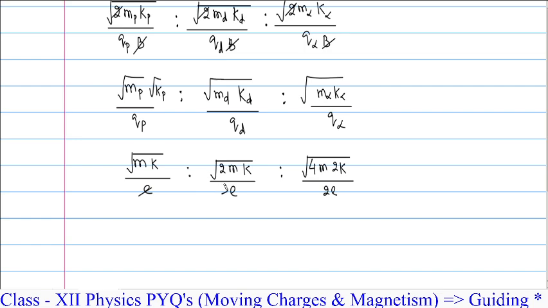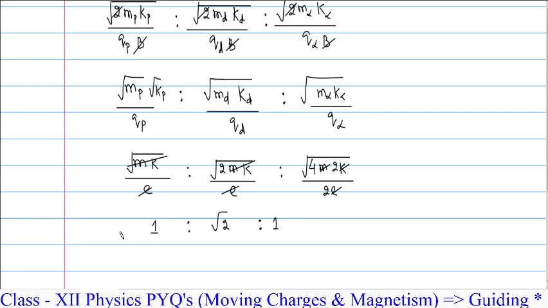So the e's will get cancelled out, and the m and K will also get cancelled. Here we will get 1 is to root 2 is to, here 2 under root 4 is 2, 2 by 2 is 1.